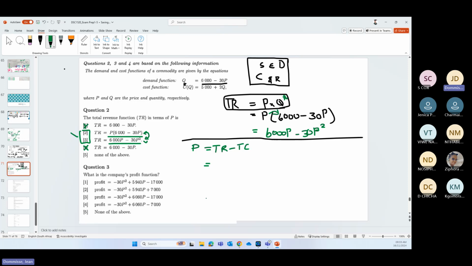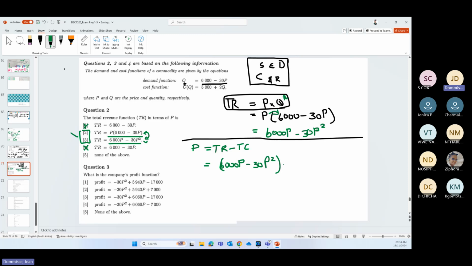So total revenue we now set was 6,000p minus 30p to the power of 2.